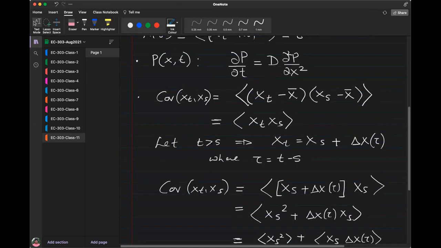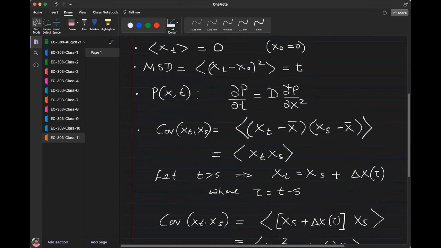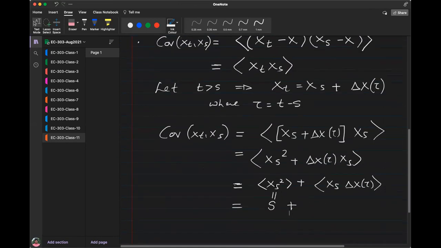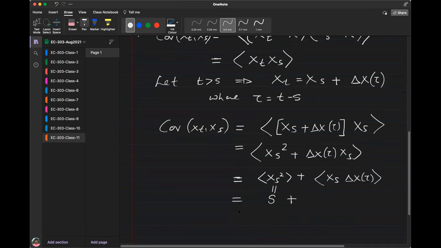So let's go back now to understand this. We said that the MSD is this, but x0 is 0, right? From the assumption we made. So therefore, mean square displacement is nothing but xt square, and that we know is equal to t. Therefore, mean square displacement xs square will be nothing but s, when we take the average. So that is this.